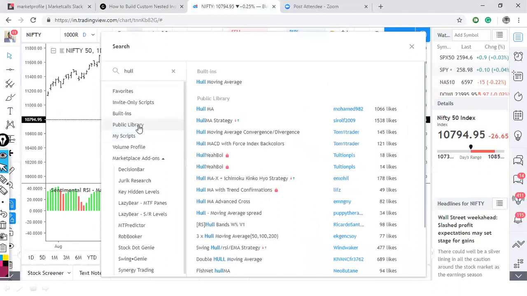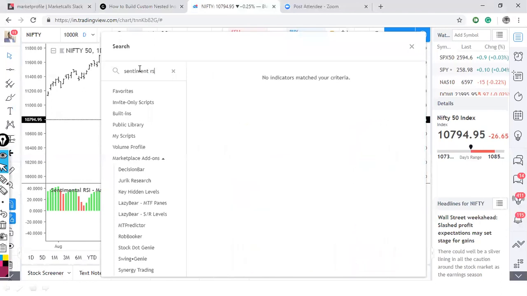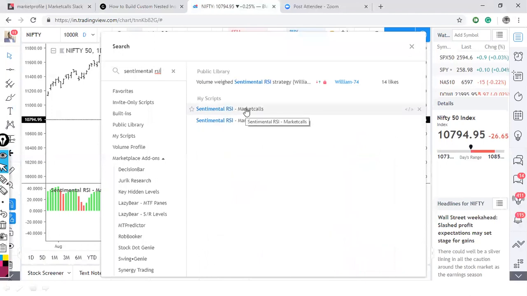I published it some time back. Sentimental RSI, maybe I would have published under some other name. Yeah, so Sentimental RSI again, which is nothing but Hull of RSI.